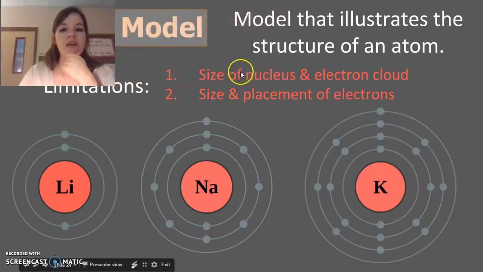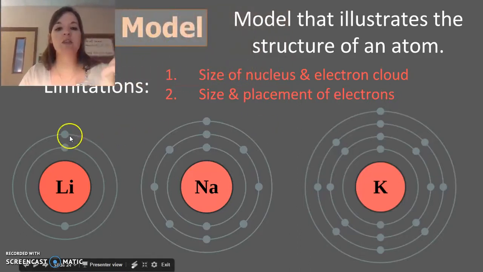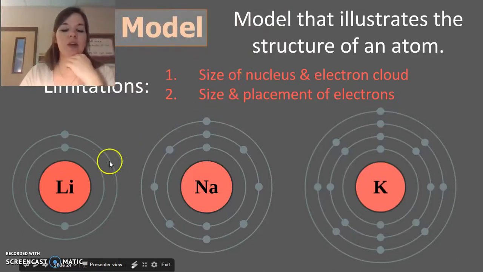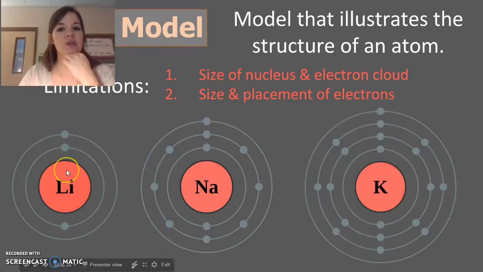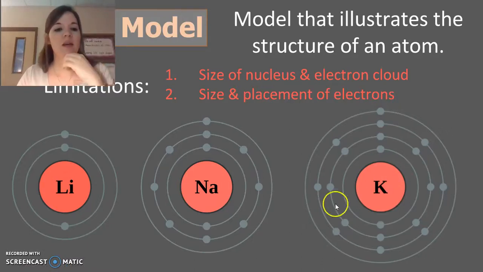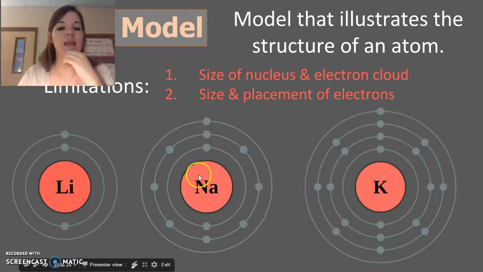Now, there are 2 limitations to this model of the atom. Number 1, the size of the nucleus and the electron cloud. If we were to draw this whole thing to scale, the size of the nucleus would actually be too small to see, because in reality the nucleus is a whole lot smaller compared to the rest of the atom.